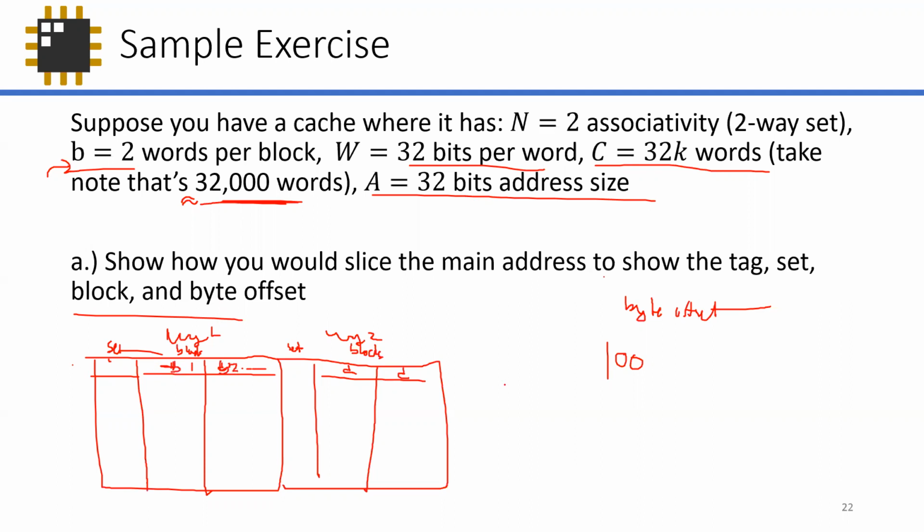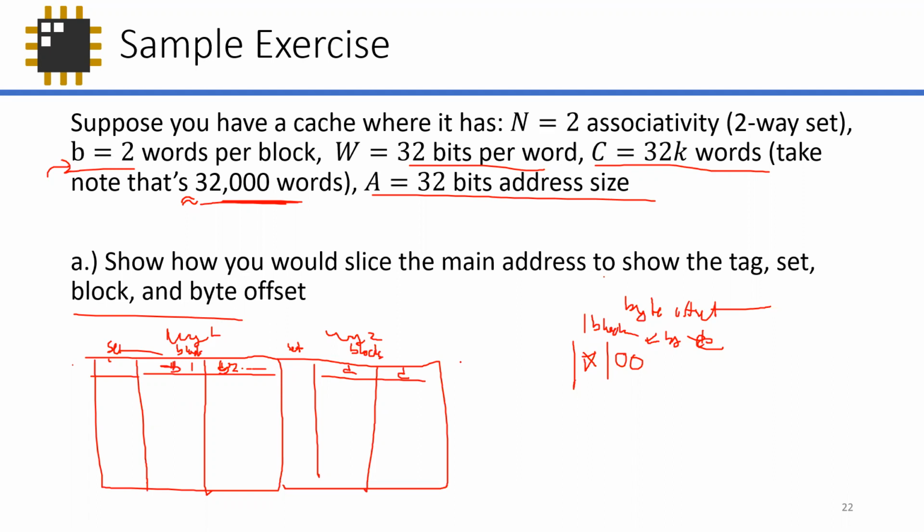I'll just write that down. So immediately after the byte offset, I need one block bit. I'm gonna write an X, it's just one block bit. This one here is the byte offset. I have one block bit and then I have a byte offset.